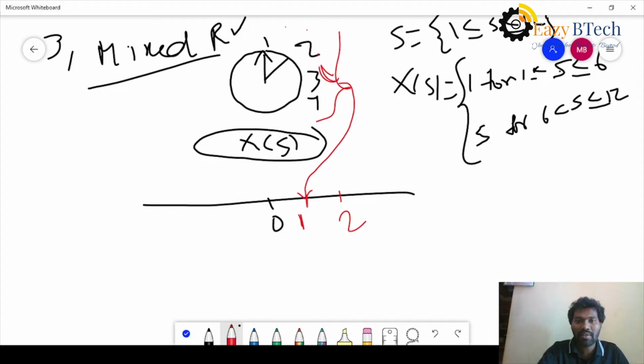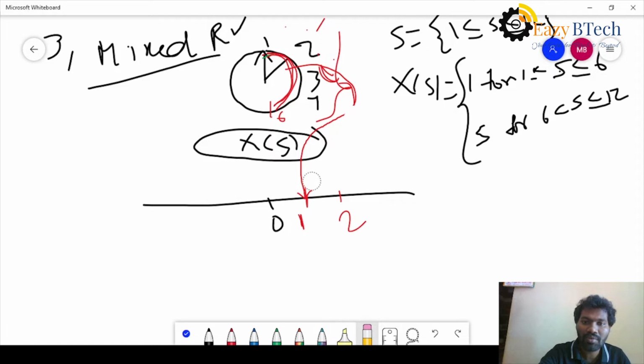So if the needle is in this range, from here to here, in that case the sample space maps to the point 1. And the point always comes through the random variable only, it does not come out.